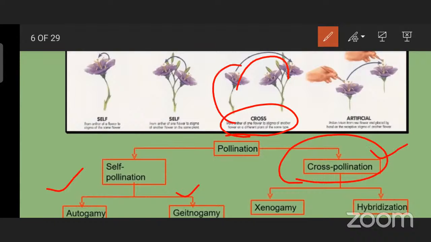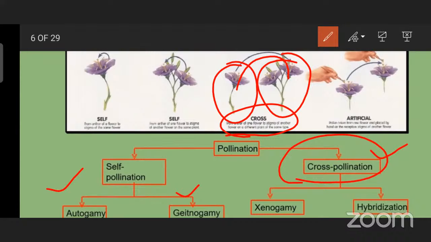So here this is a flower of one plant, and this is a flower of another plant.